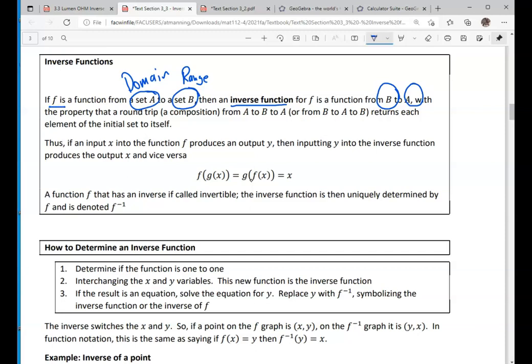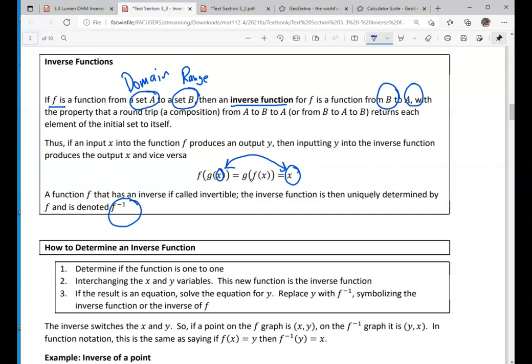And here's how we look at it. If I have a function g, and g, if it feeds the output of x, gives me back exactly the x that I started with, then g is called the inverse function, and we give it that notation: f inverse. It's not f to the -1 power.